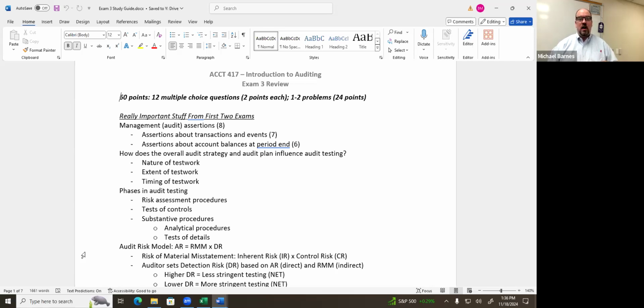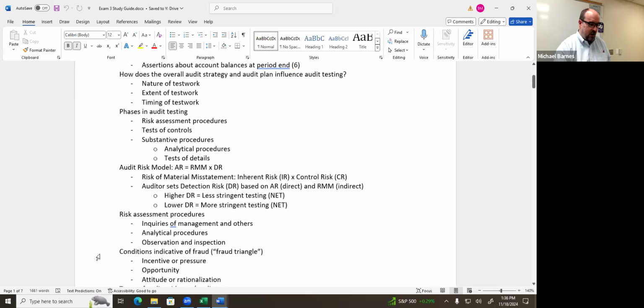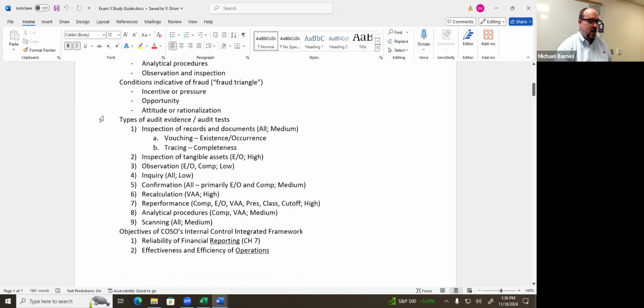Completeness. Because remember, if we're talking about revenues or assets, our clients have the tendency to overstate, which is why we're concerned about existence or occurrence. Talking about liabilities, equity, or expenses, they have a tendency to understate, which is why we're going to be focused on completeness.